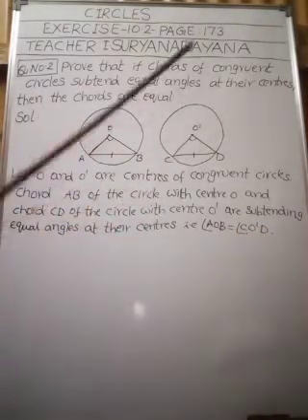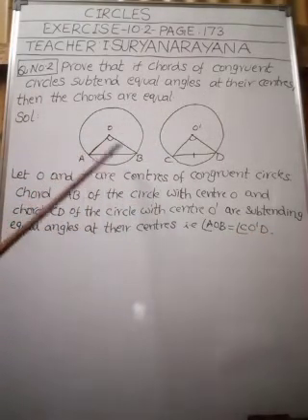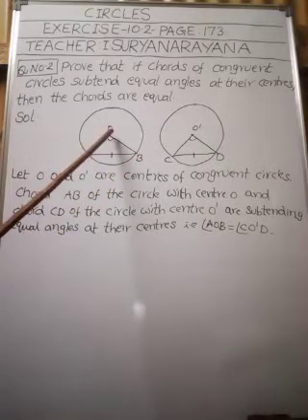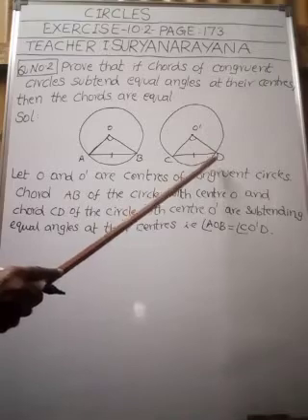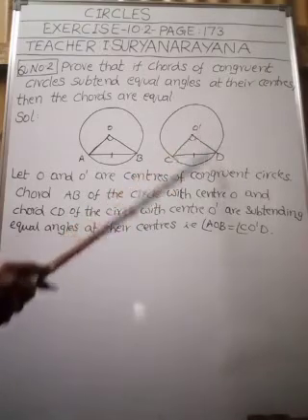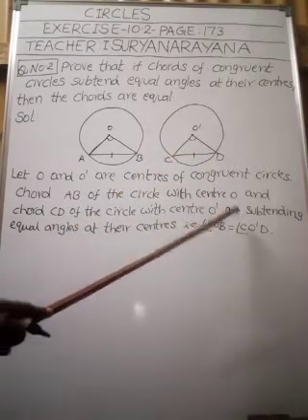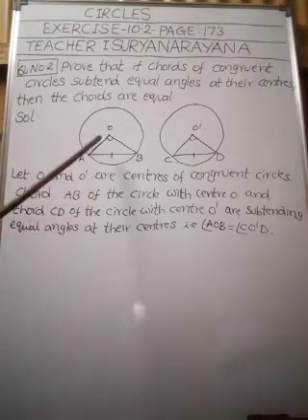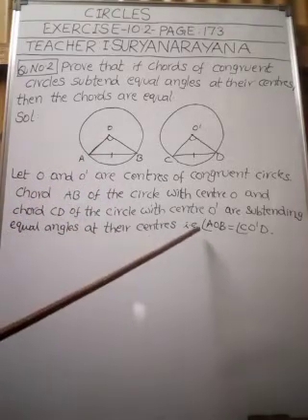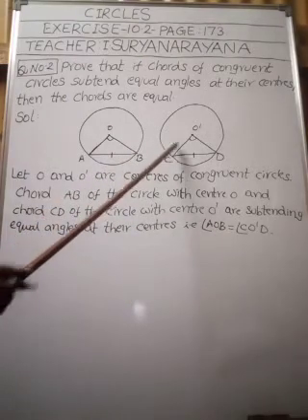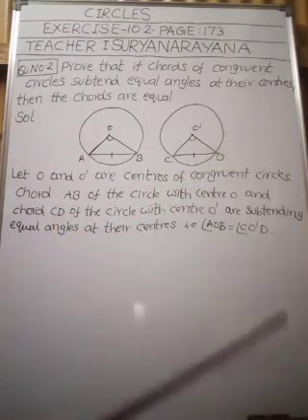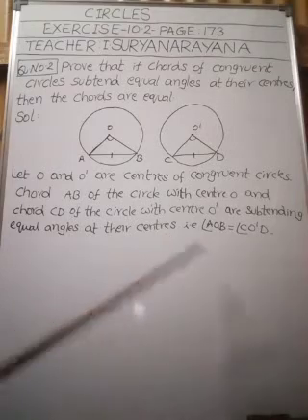Understood this point, my children? Here we have taken the chord AB of the circle with the center O and chord CD of the circle with the center O dash. They are subtending equal angles at their centers. That is, angle AOB is equal to angle CO dash D. Understood this step?